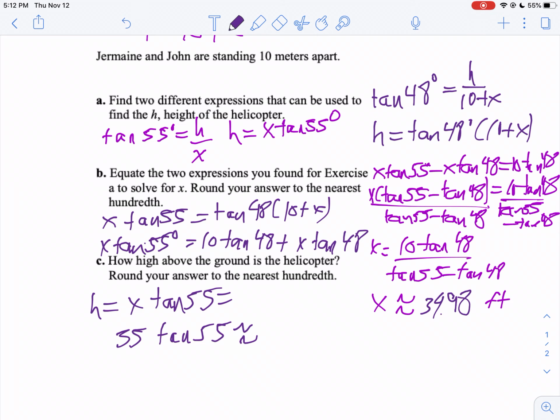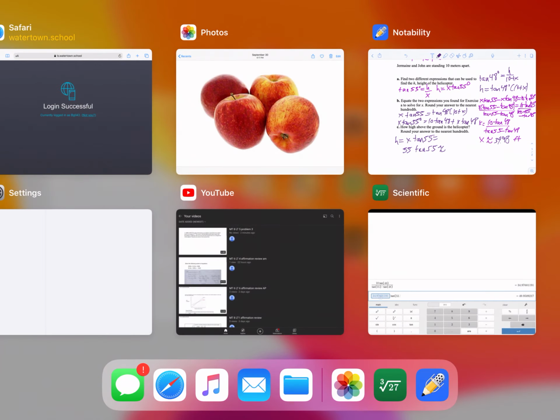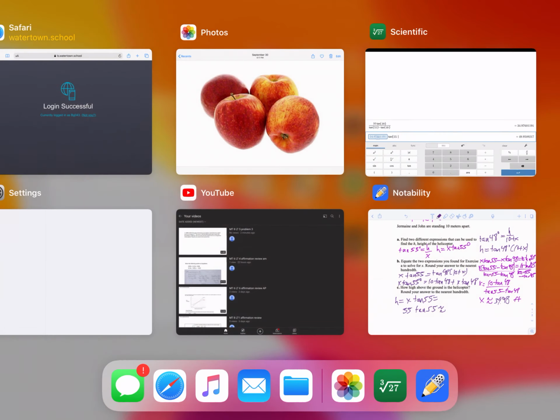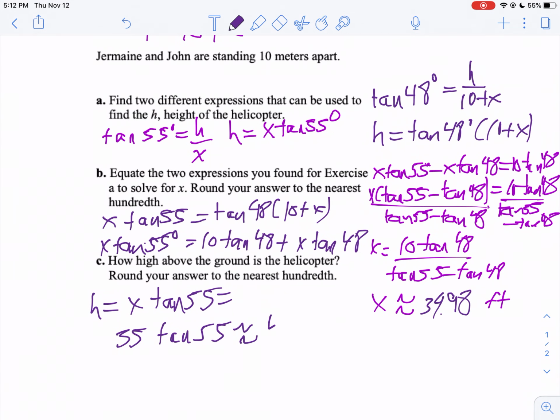So if I take 34.98 times the tangent of 55, I get 49.95 feet. There's all three of the answers for you.